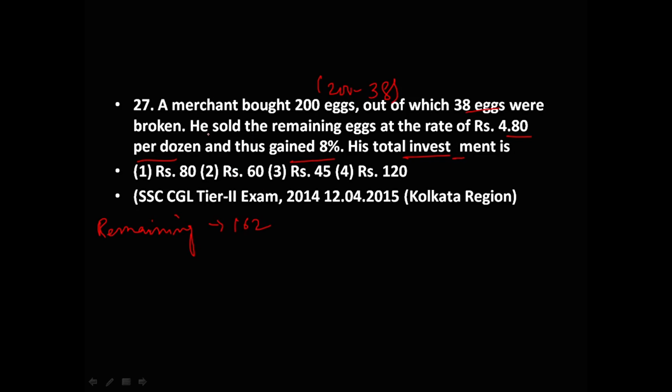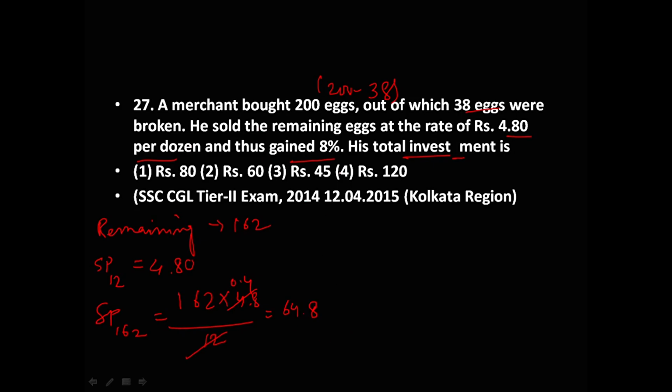Clear? He sold the remaining at the rate of 4.80 per dozen. So the SP of 12 eggs, 1 dozen, is 4.80. Now we have to calculate the SP of 162 eggs, right? 162 eggs is 162 into 4.8 divided by 12. So it's 0.4, so it's 64.8. Clear?